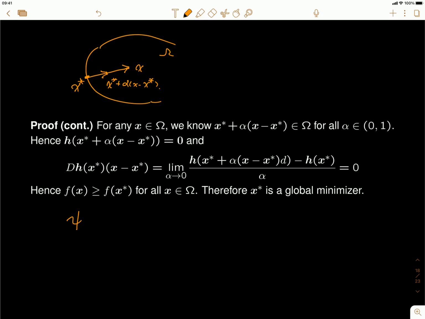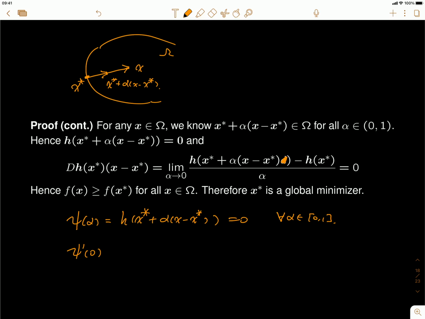Let's define the psi function to be a function of alpha, that is h of x star plus alpha times x minus x star. Then we know that psi 0 is just h of x star, and that's equal to 0. But if you choose any other alpha in 0 to 1, it is still equal to 0. So this is a constant function, right? For any alpha.